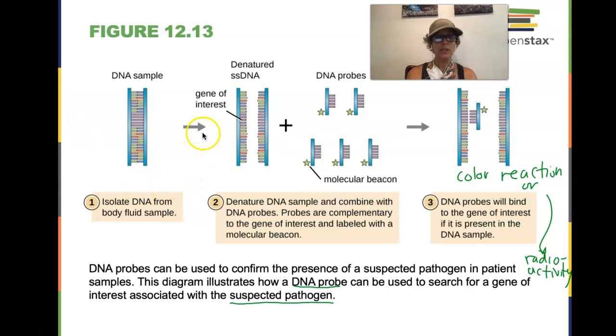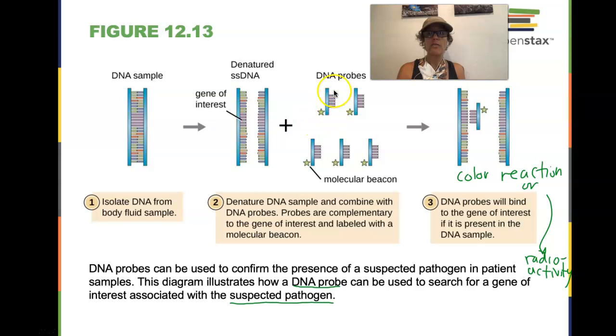And then to get to finding out, does this DNA that we got from a patient sample contain any DNA from the pathogen we suspect causing this patient disease? This would be the entire DNA. Somewhere in here would be, if the pathogen is present, a gene that we know must be present in that pathogen. We can either heat it or chemically treat it to make the original DNA single-stranded.